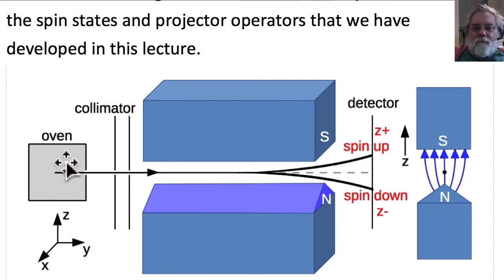They will come out of an oven. They'll have arbitrary magnetic dipole moment orientations coming out of the oven. The beam will split into 2 beams, a spin up or Z plus or Z up beam, and a spin down or Z minus or Z down beam.